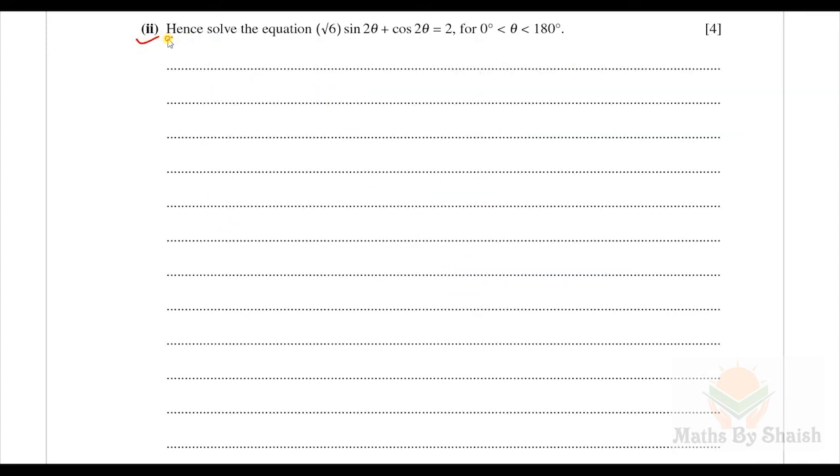Here's the second part. Hence solve the equation, this is equal to 2. From the first part we have written this as equivalent to r sin(x plus alpha), that is root 7 sin(x plus alpha). I'll write the value afterward.